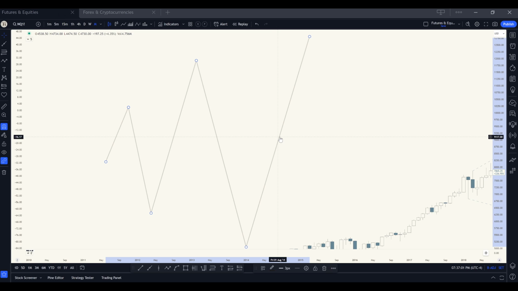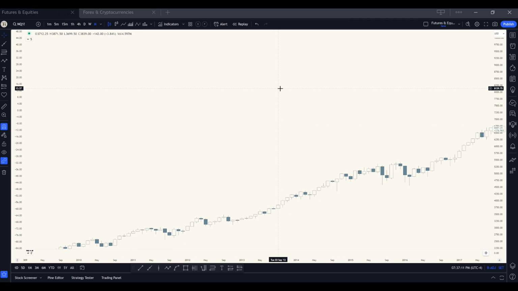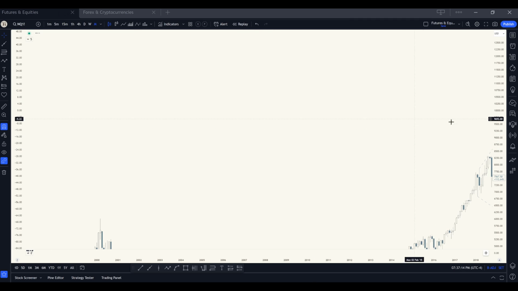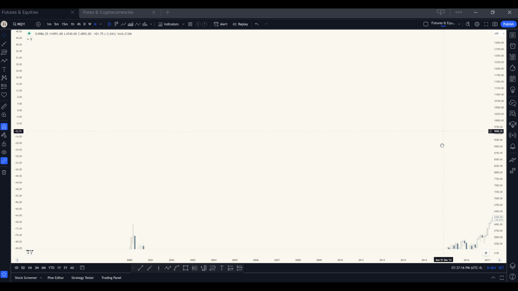That's a good example of exponential expansion, right? But that's not fully what I mean, right? Exponential expansion could be something like this, right?